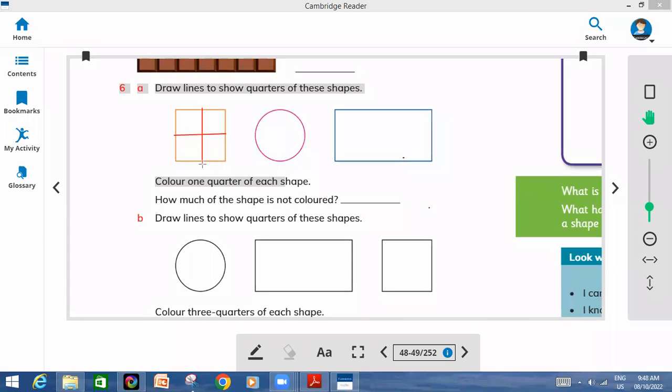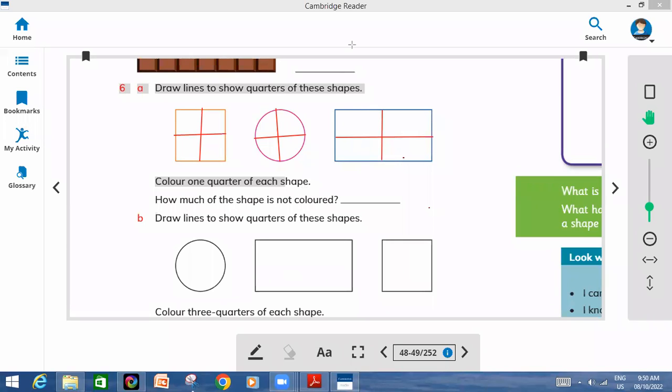So your shape should be equally divided. Yes, when I'm doing it on the computer, maybe it's not equal, but when we are doing it in the class, it should be equally divided.